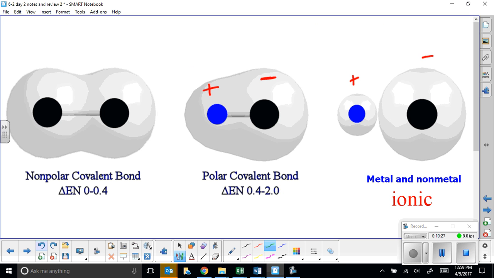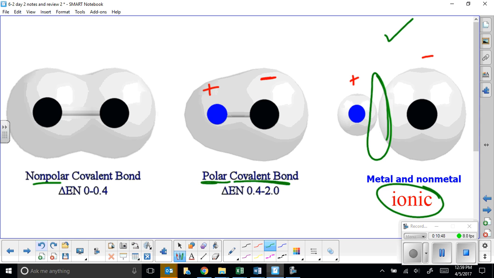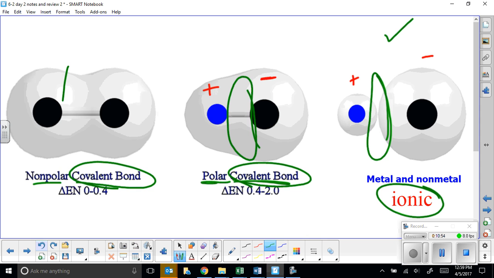Now this just shows what this looks like with this electron sharing. So if we look over here at the ionic one, you can see these are the electron clouds, and you can see there's a gap in between here because there's not any electron sharing going on. And this is ionic. When we look at the covalent ones, you can see that these electron clouds here are being shared.